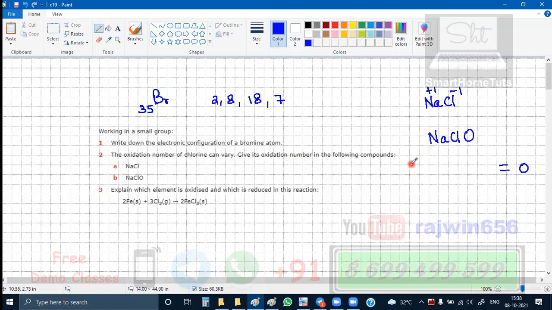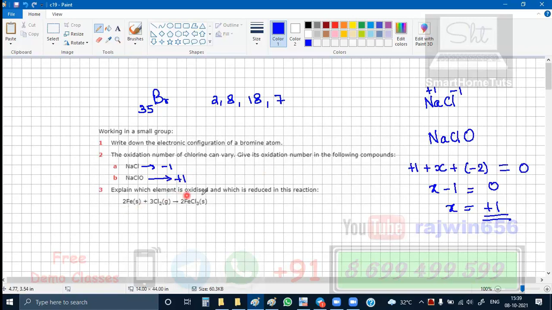Na is going to be +1. Cl we are going to take as X, and oxide is -2, oxygen. So this is going to give me X - 1 equal to 0, so X is equal to +1. Okay, so for NaCl, the oxidation number is going to be -1. For NaClO, chlorine here, the oxidation number is going to be +1.